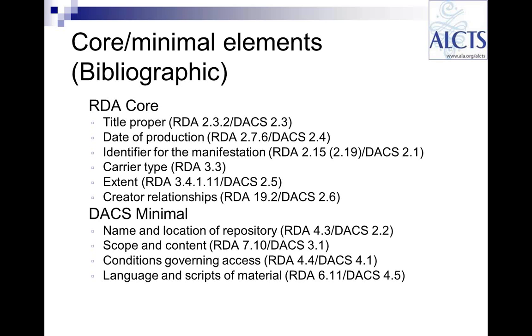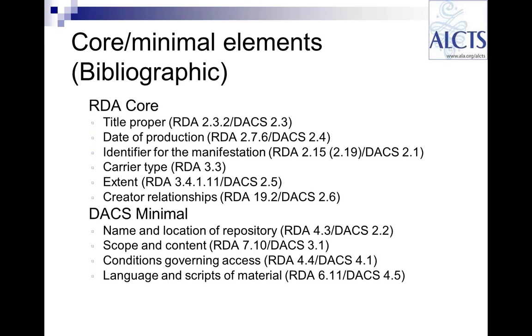So today, I'd like to go briefly through the bibliographic and authority components of RDA. I'll be talking about core or minimal elements. As you know, RDA includes a set of core elements, and for archival materials, it's those listed at the top, from title proper through to creator relationships.